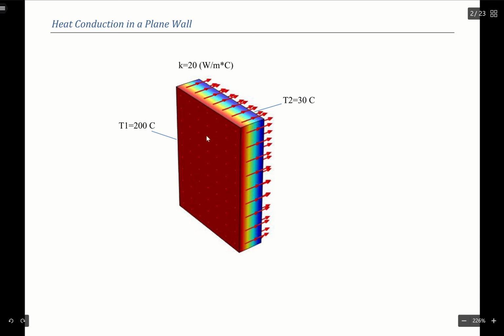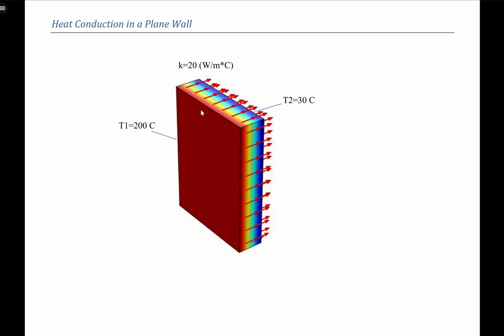And in this example here, the mode of heat transfer is conduction through a large plane wall, and where K is the conduction coefficient, the thermal conductivity coefficient. And so this is a very simple model of heat transfer through a large plane wall.